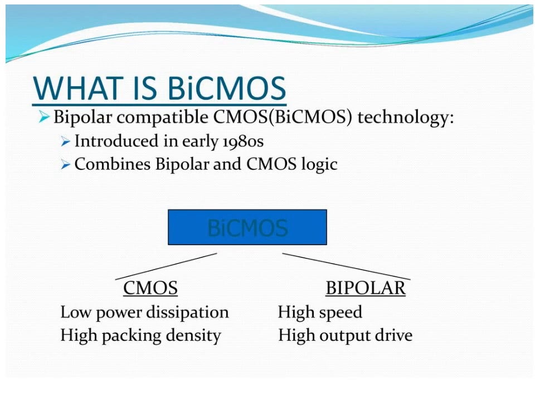BiCMOS is able to achieve speed and power density performance previously unattainable with either technology individually. In short, the advantages of BJT and CMOS circuits can be retained in a BiCMOS chip.